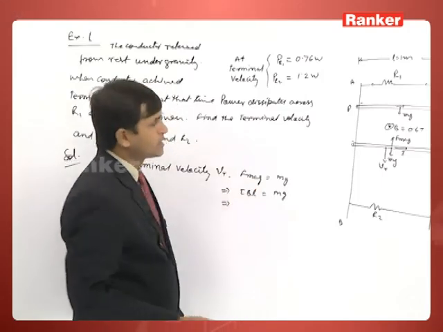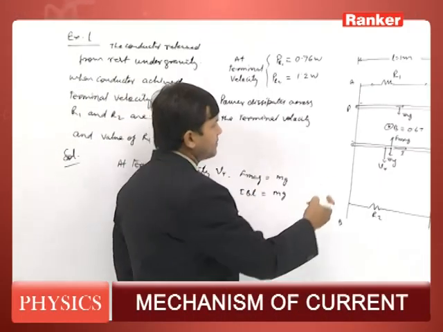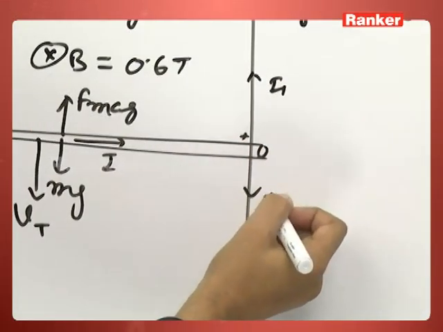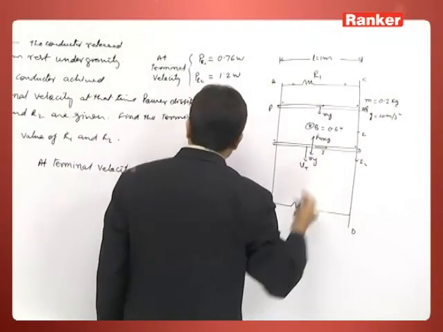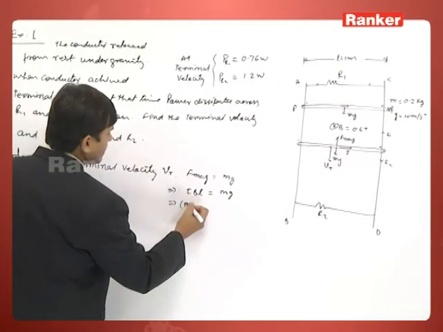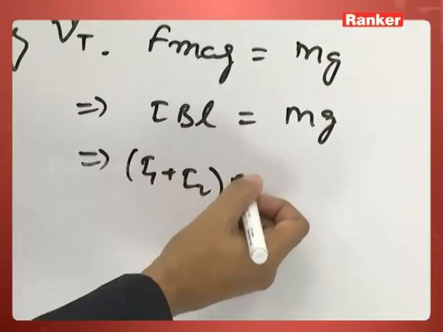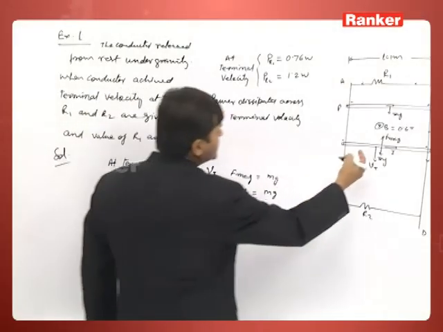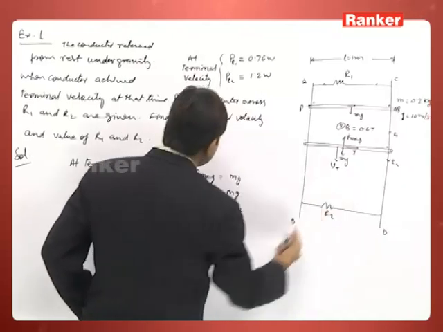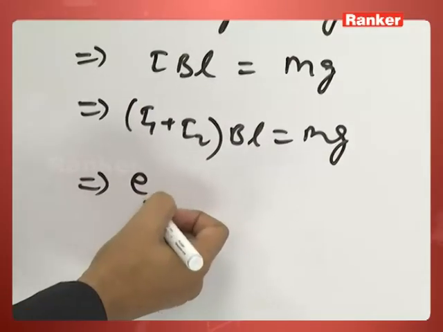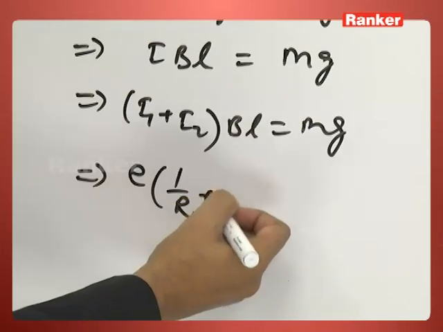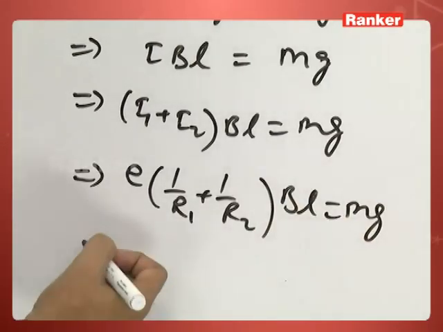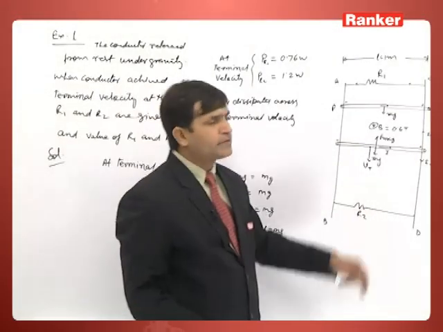First of all, the I value here: some part of the current I will go here, I1, and here I2, and all these three are in series. So I is written as I1 plus I2, times BL, equals mg. Since R1 and R2 are in parallel, I is the induced EMF E times (1 by R1 plus 1 by R2), times BL equals mg, and E is for the conductor moving with velocity Vt.